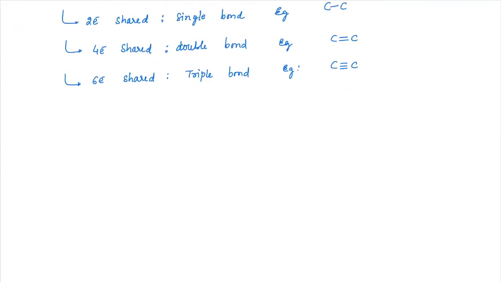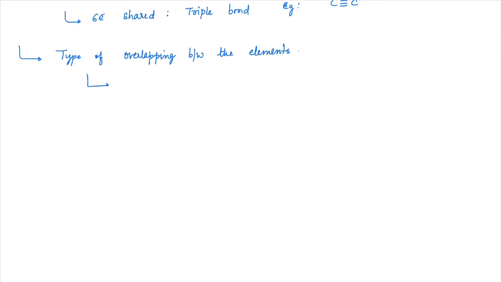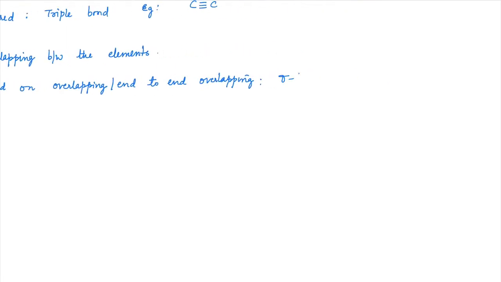Okay, the third classification is type of overlapping. What is the type of overlapping between the atoms or between the elements? Okay, if it is head-on overlapping, also known as end-to-end overlapping, we call the type of bond as sigma bond.